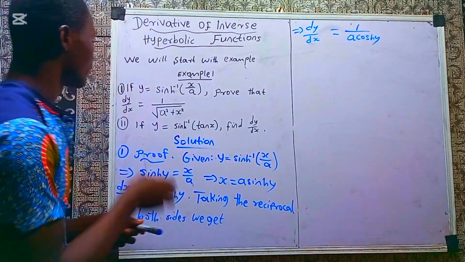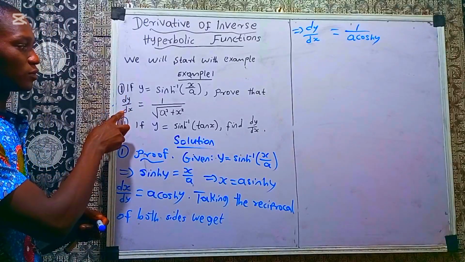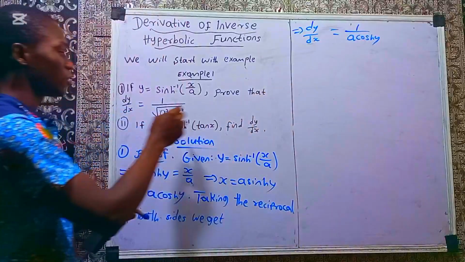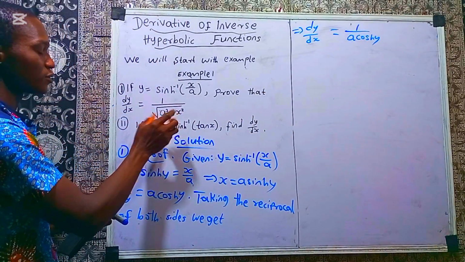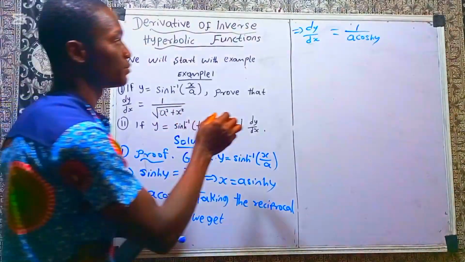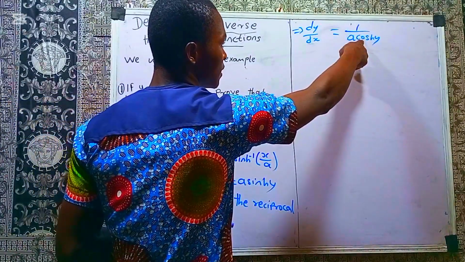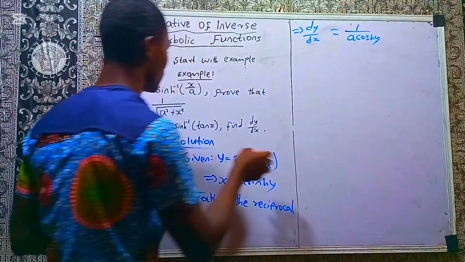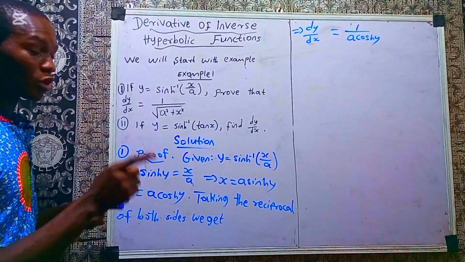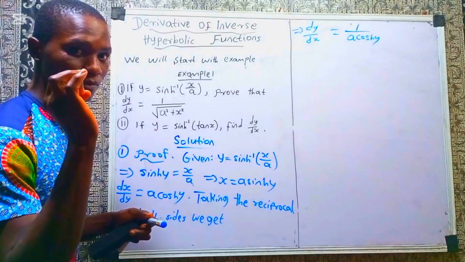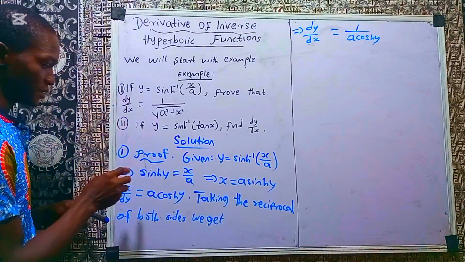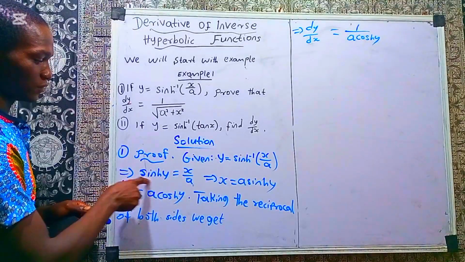Now we have gotten our dy/dx, but it's in terms of hyperbolic cosine, not in terms of a and x as we have it in our proof. So let's write this hyperbolic cosine in terms of x and a, so that we'll get what we want. So you come to that very first step in your proof. This was the very first step.